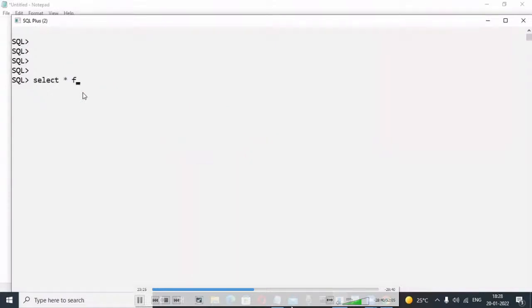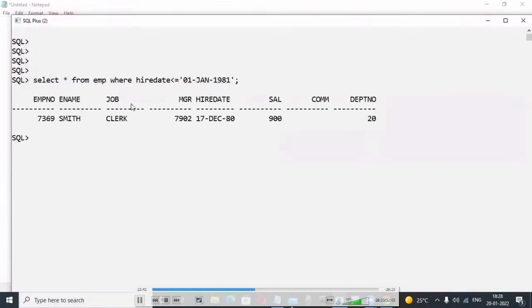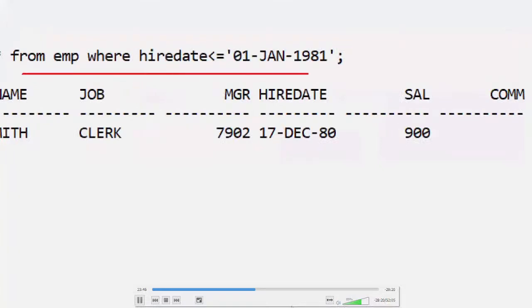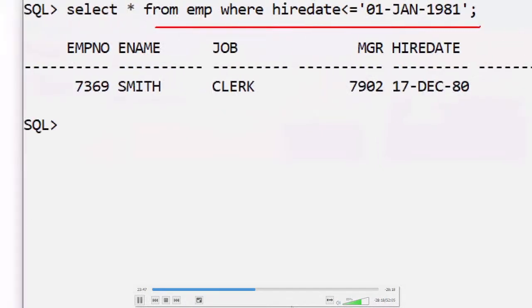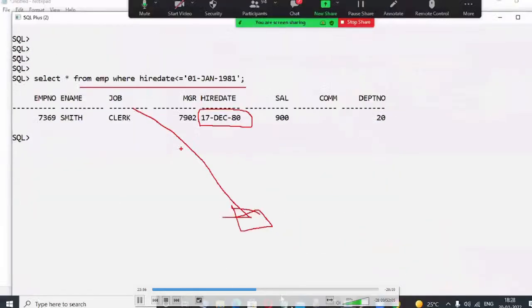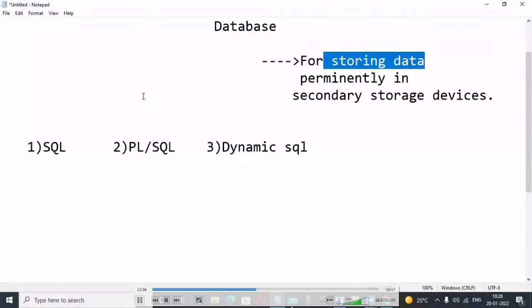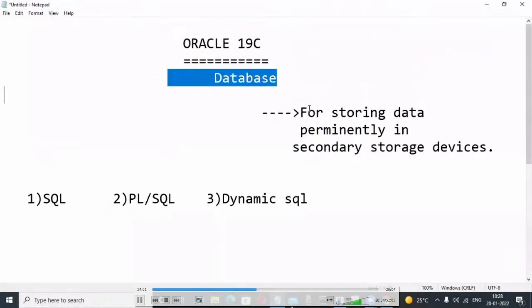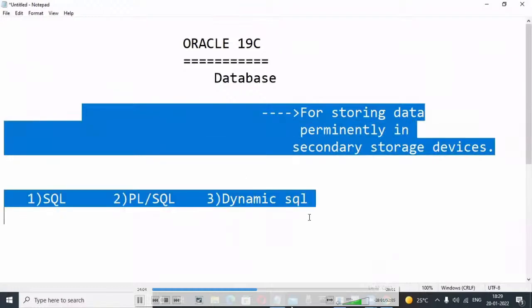Select star from table name where hire date is less than or equal to 1st January 1981. Just by writing the query, the data is displayed automatically. With a single line of code, the employees who joined before 1981 are automatically retrieved from the database. That is why efficient data retrieval is most powerful, and it is possible only through these databases and these languages.